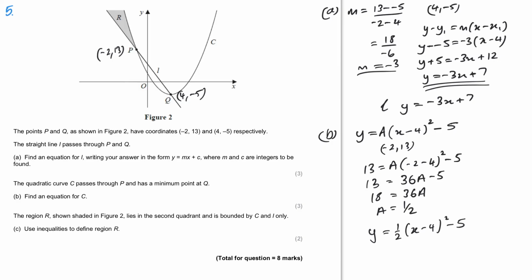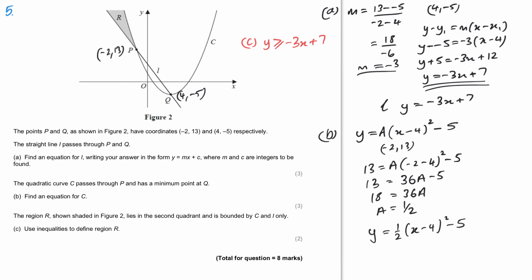Now for my set of inequalities, I'm going to do that in red here, just so it stands out. So we want above this straight line, so above L, so we want when y is greater than or equal to negative 3x plus 7.